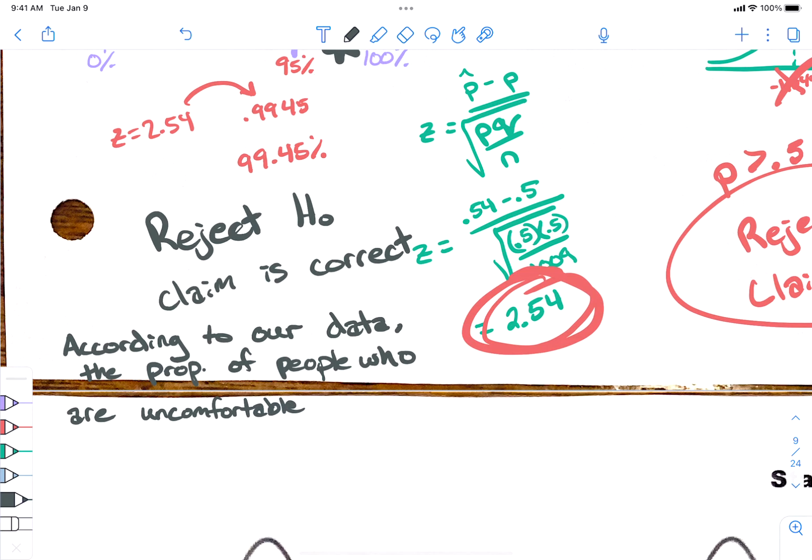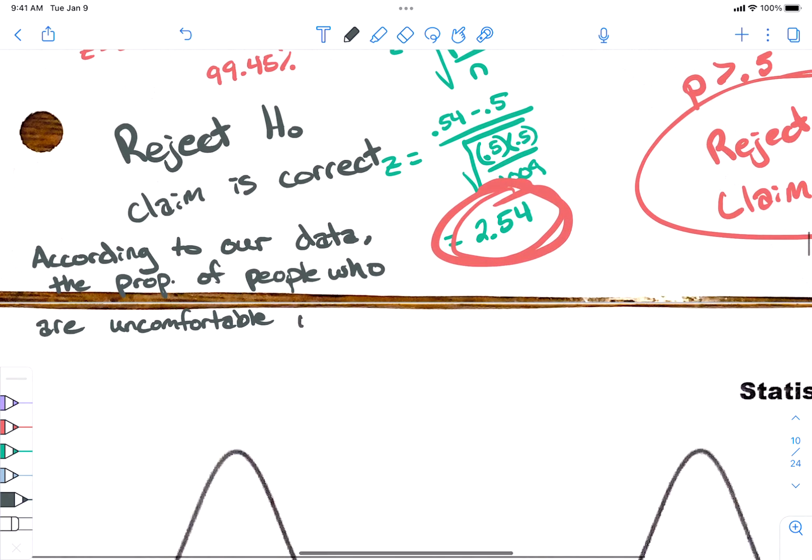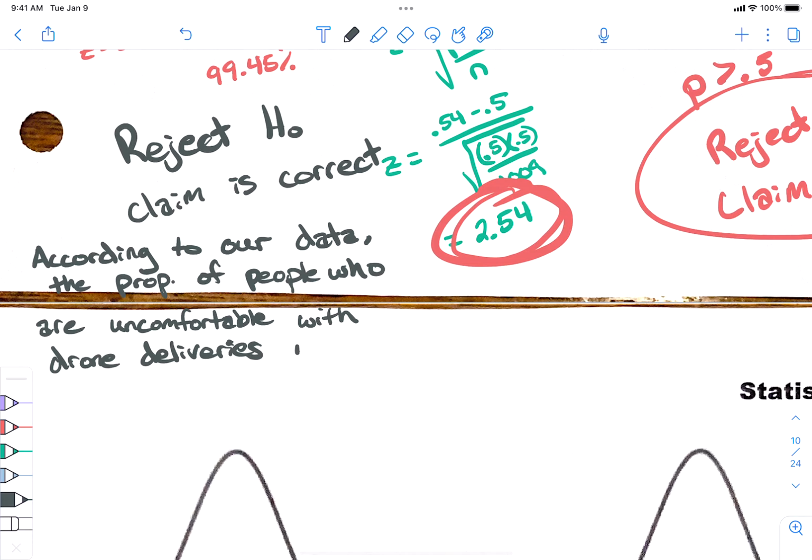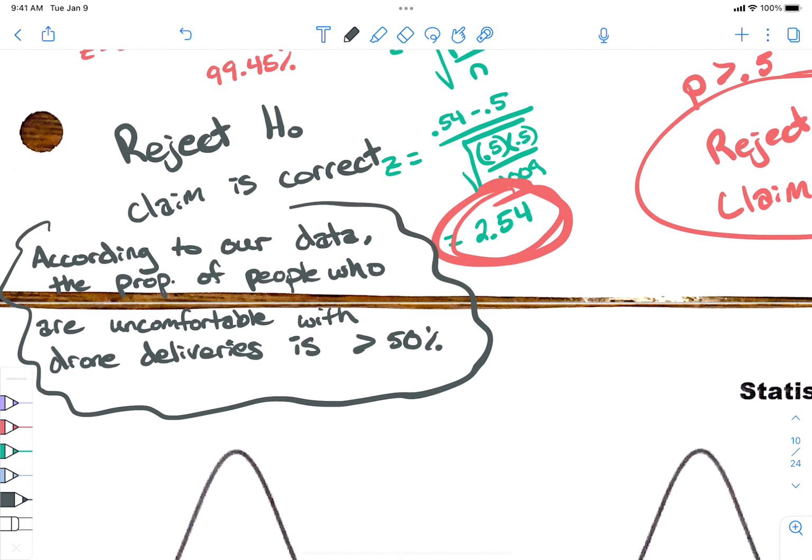C-A-B-L-E, comfortable. According to the data that we have here, the majority of people are in fact uncomfortable with drone deliveries. So we probably shouldn't switch to that.